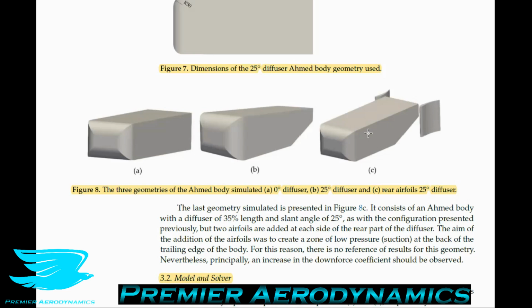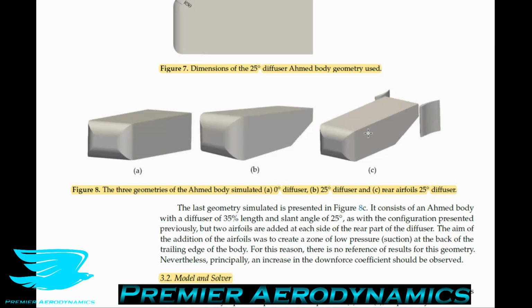And there's also potential for this flow not to get all the way through the diffuser. So there's some inefficiency there. So the airfoils at the back are situated such that the low pressure regions will be just behind the diffuser section. And so that will then help suck air through the diffuser area and keep it attached. So in this podcast, we're going to look at whether that was successful or not.